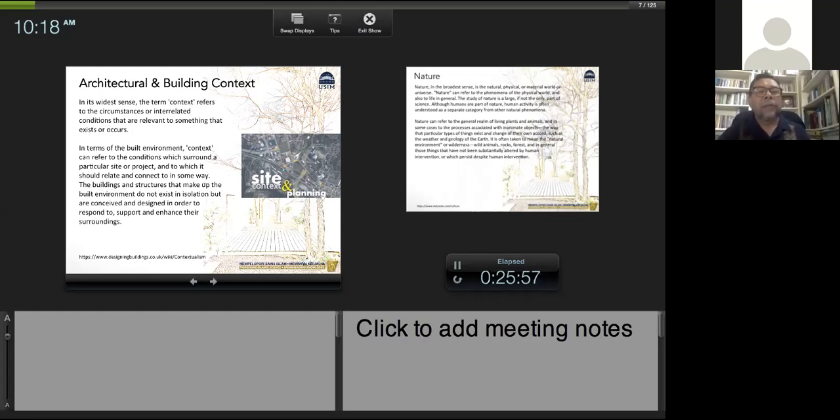In terms of the environment, context refers to conditions which surround a particular site or project, and to which it should relate and connect in some way. The buildings and structures that make up the built environment do not exist in isolation, but are conceived and designed to respond to, support, and enhance their surroundings. This is another challenge as a designer.